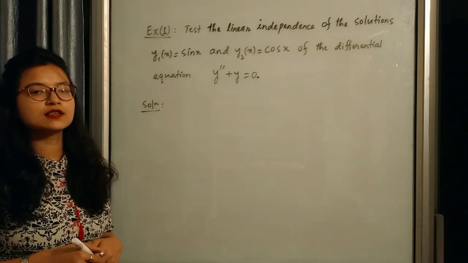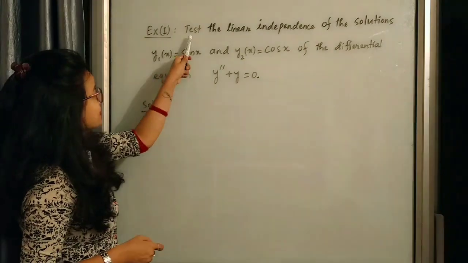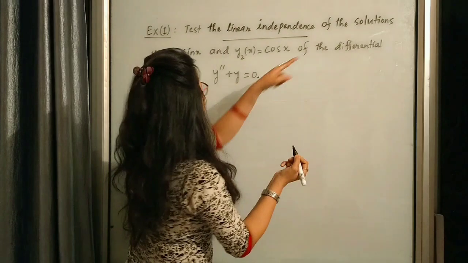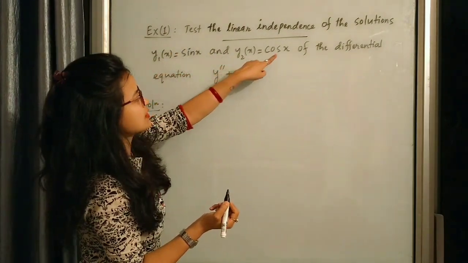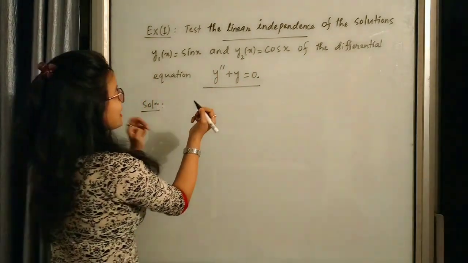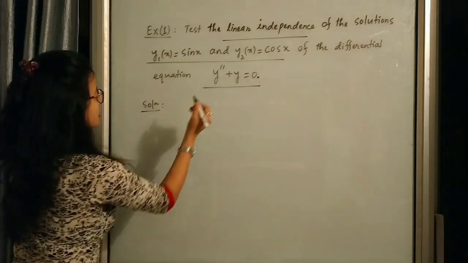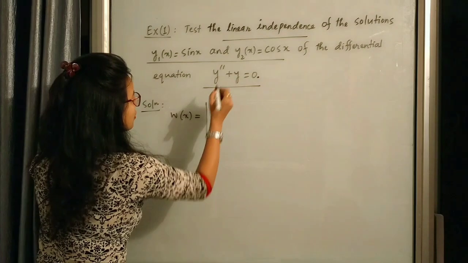Now let us look at a few examples. Example 1. Test the linear independence of the solutions y1(x) is equal to sin x and y2(x) is equal to cos x of this differential equation. So let us consider the Wronskian of the solutions.